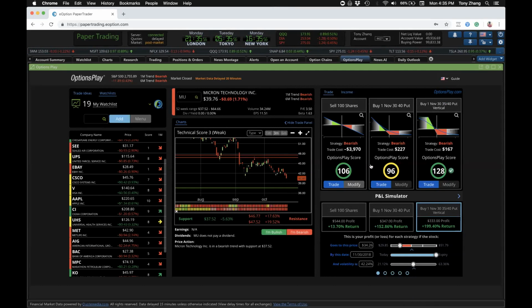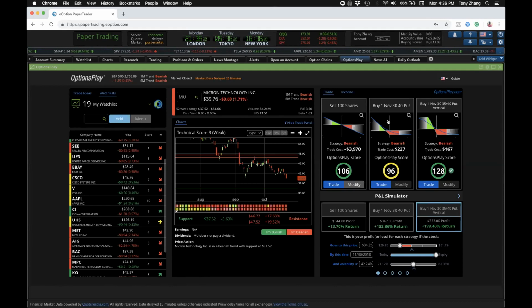So one of the great things about options is that when you're trading stocks only, and you're bearish on a stock, many of you may not be able to short a stock because you have to pay interest margin on it. You need to have a margin account. You need to be able to borrow those shares from someone. There's a lot of limitations that prevent you from shorting the stock. But you can buy a put option fairly easily on a stock.